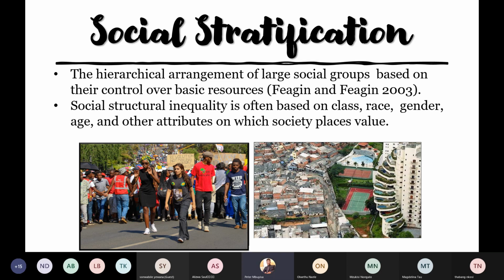Social stratification is our hierarchy or hierarchical arrangement of large social groups based on their control over basic resources. So what ties all the perspectives together, what ties our understanding of sociology or our understanding of society, is how we look at the arrangement of resources across society.